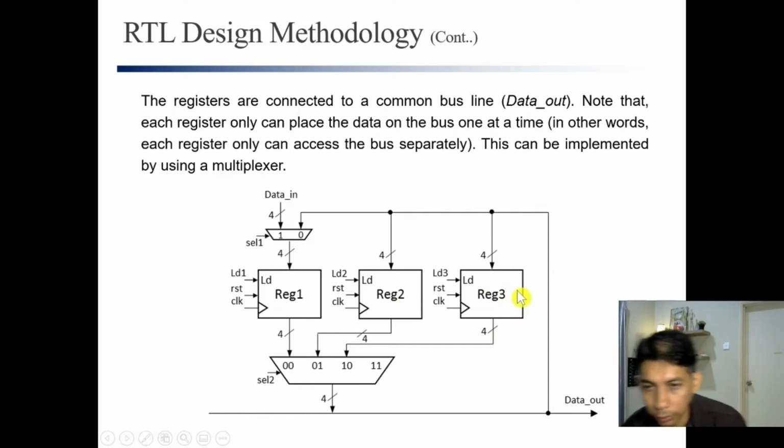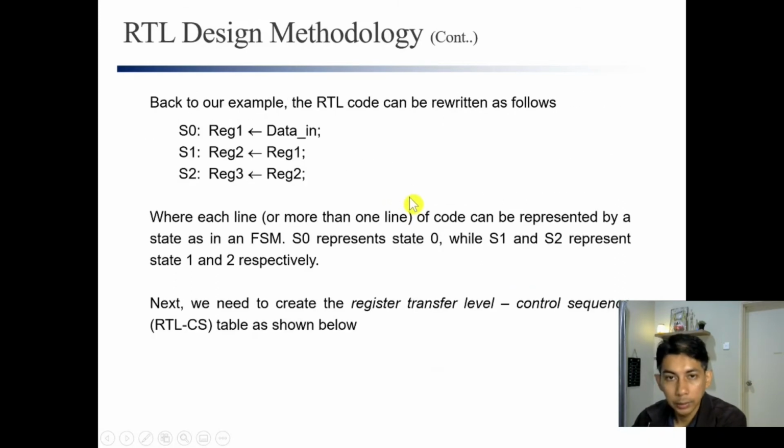How to do that? The RTL code, just like what we have learned just now. So this is the RTL code, and we can rewrite the RTL code like this.